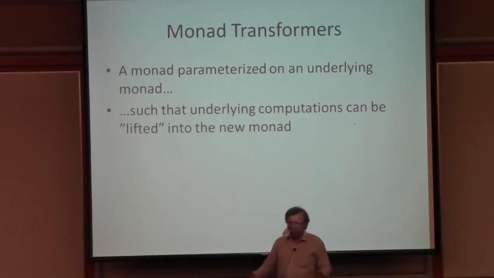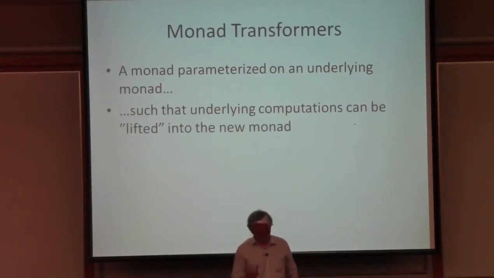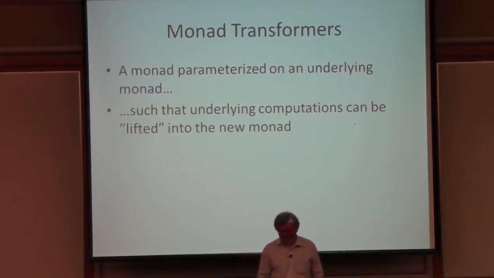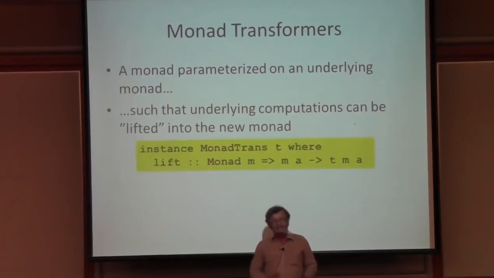Okay, so what is a monad transformer? It's a monad parameterized on an underlying monad, but it's actually useful to require one more bit of structure, and that is a way of lifting underlying computations into the new monad. So we can write, that shouldn't say instance, that should say class.